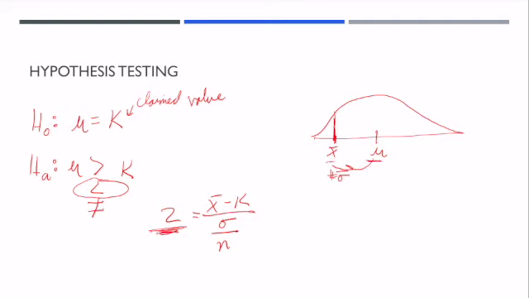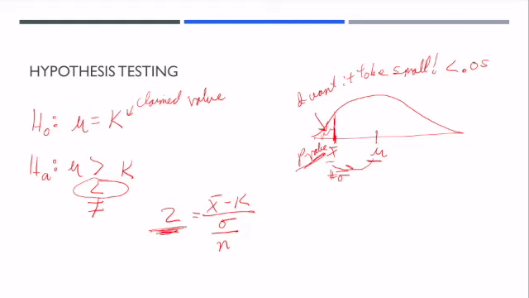And what I want is this area, I want it to be small. Okay, if this area is really, really tiny, so less than 0.05, that means that this sample mean wouldn't have occurred by chance. Okay, so this is my p-value. The p-value is the area under the curve that I desired. So this is an example of a left-tailed.